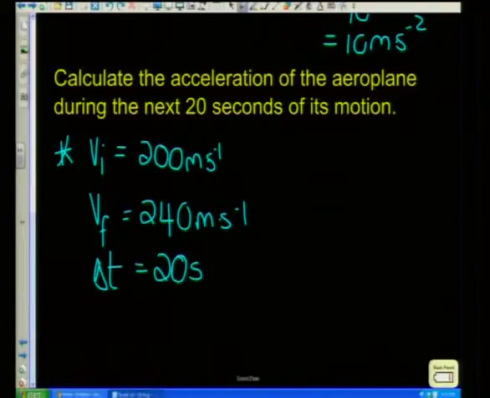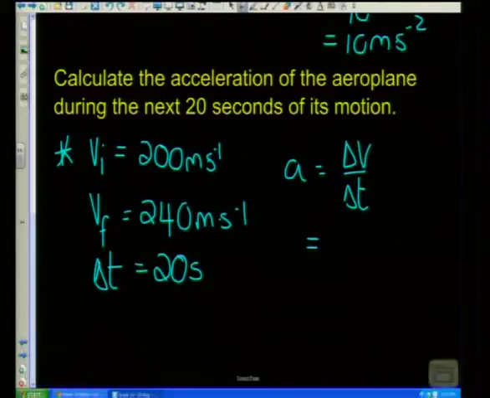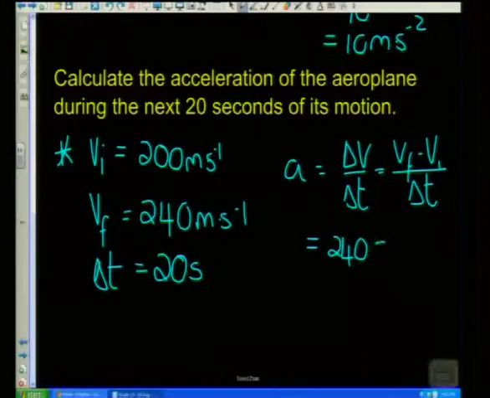So we want acceleration. So acceleration is change in velocity over change in time, which is, I'm going to put it here because I keep running out of space. Okay, and the final was 240. My initial was 200.